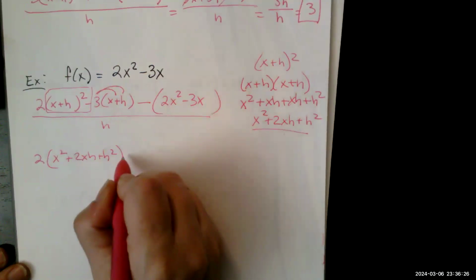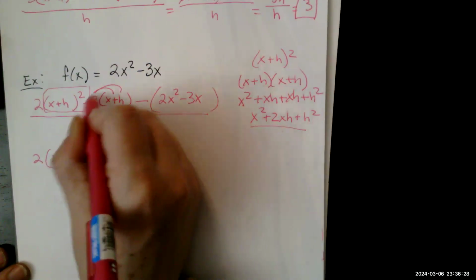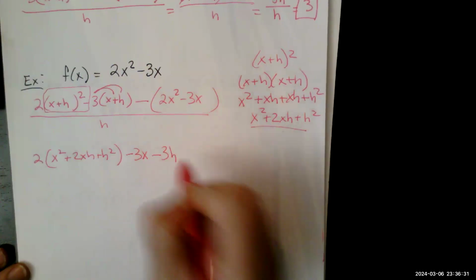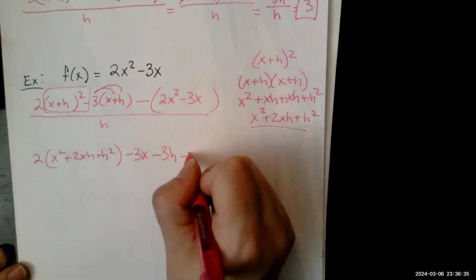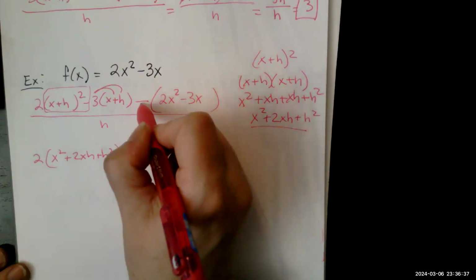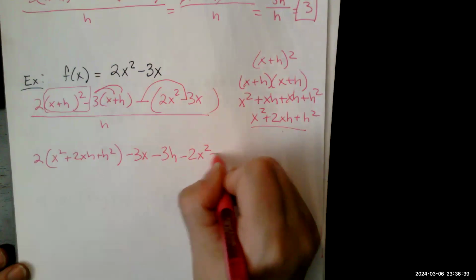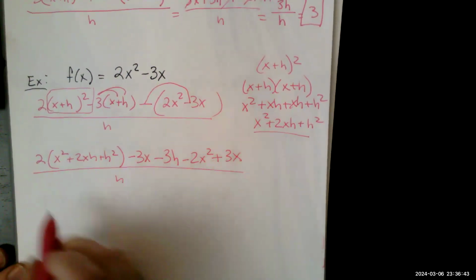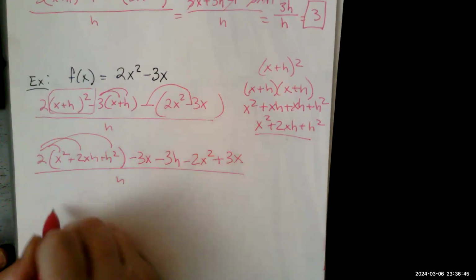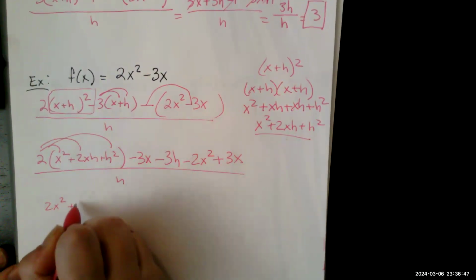minus 3x minus 3h. Gotta be really careful with these negatives. Minus 2x squared, negative times a negative gives me a plus 3x. Finally, I'm going to distribute the 2.